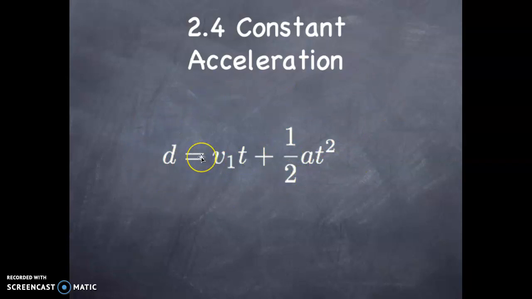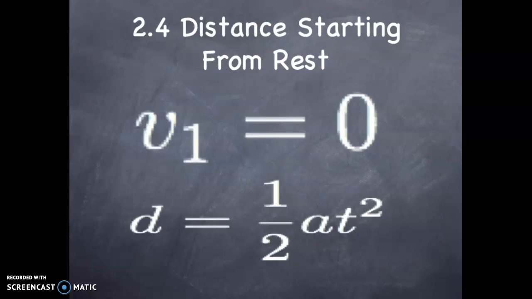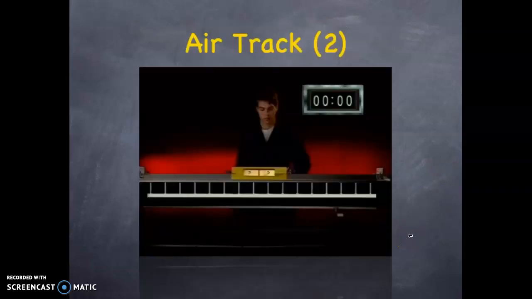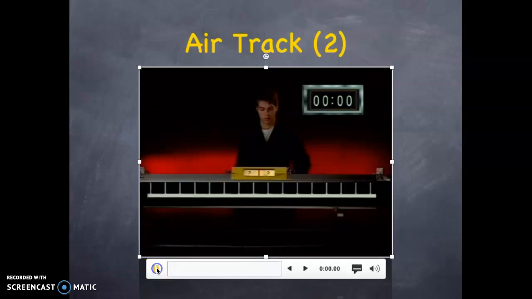We didn't just pull this equation out of the sky. It is a derived equation from the previous two equations that we've dealt with. So if v1 is equal to 0, then the equation simplifies to 1/2 a t squared. Let me illustrate this. Accelerate.